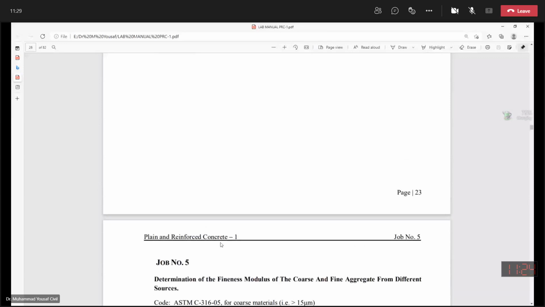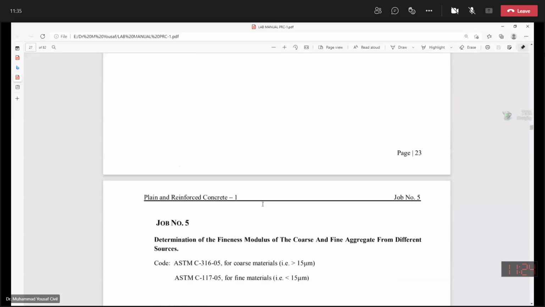So now today we are going to find out the fineness modulus. Now what is fineness and fineness modulus of coarse and fine aggregate? As you know, coarse material is greater than 75 micron. This is wrongly written over there, you should change it. It will be detailed under ASTM C136.